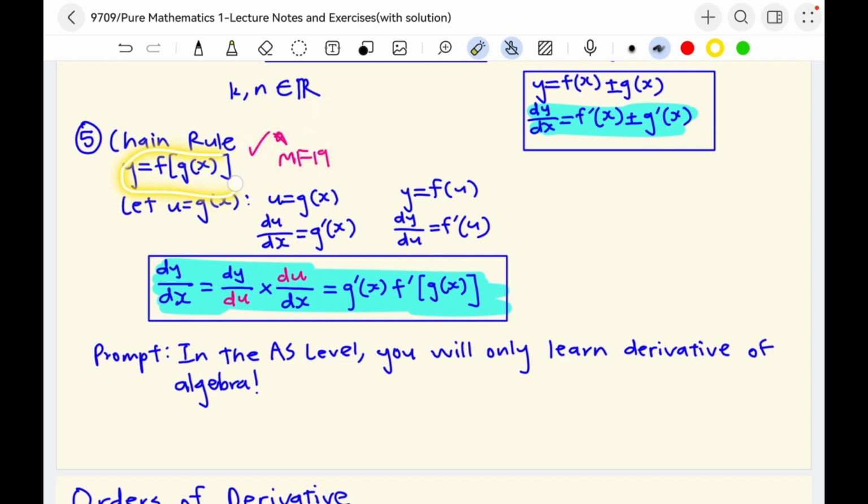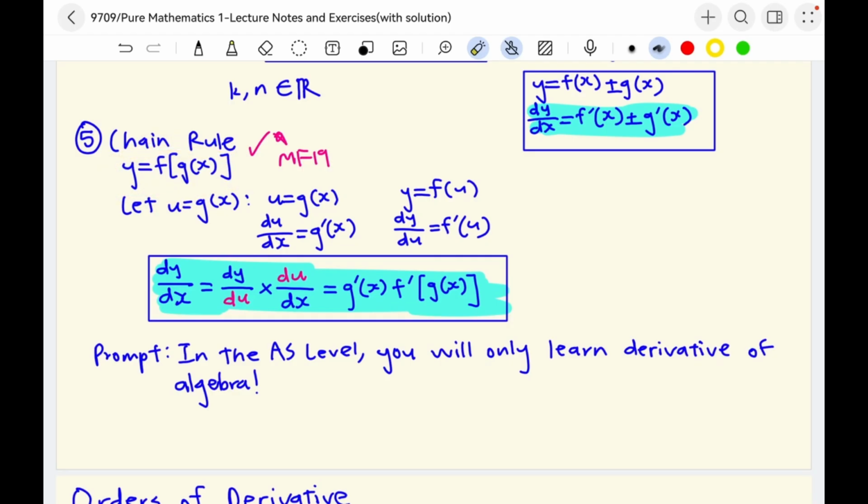So how to differentiate this kind of inside function? For g and f both differentiable, where g is differentiable at the point x, and f is differentiable at the point g(x), which means that f(g(x)) is also differentiable, where fg is the composite function. In other words, how to differentiate the composite functions.